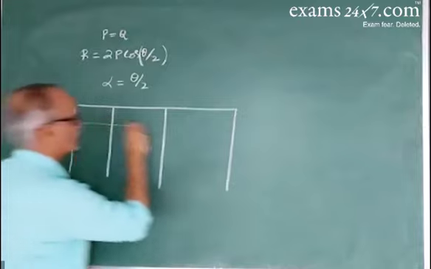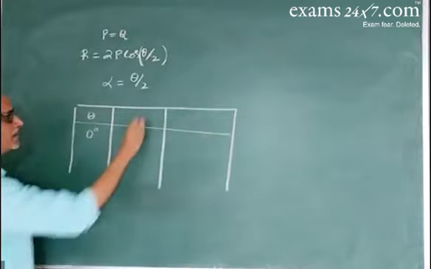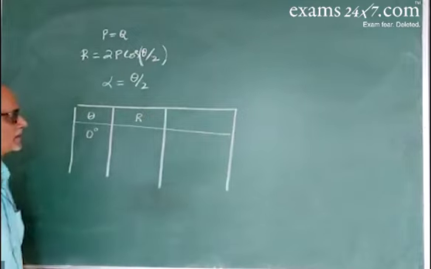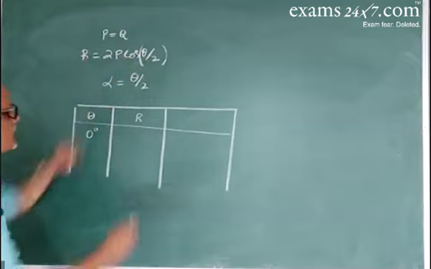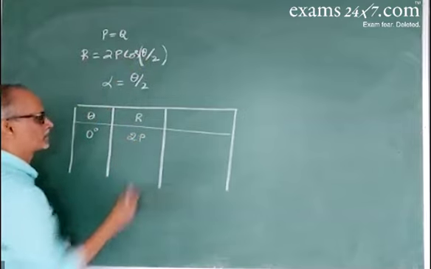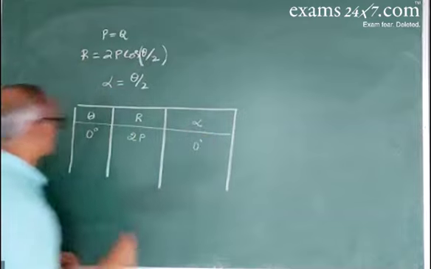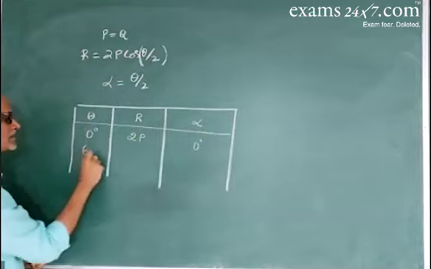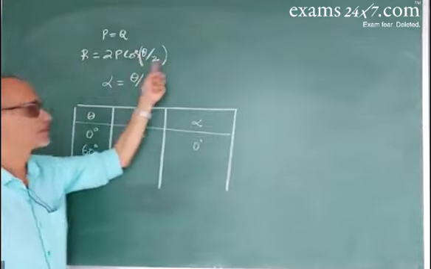That is, if theta is equal to 0 degrees, then what is the result? If theta is 0, we get cos 0 here, so the resultant will be equal to 2p. And the value of alpha will be 0 only. If theta is equal to 60 degrees, we get cos 60 by 2, which is cos 30.